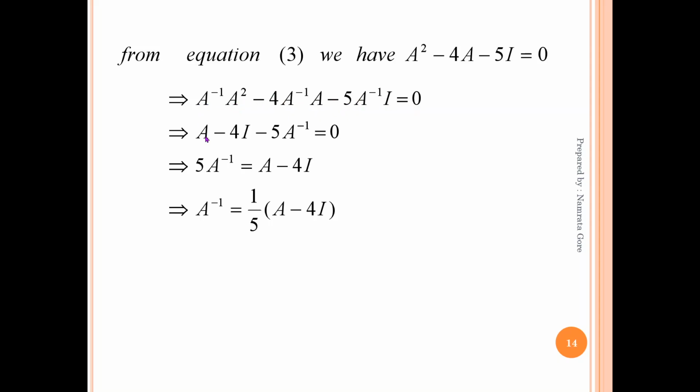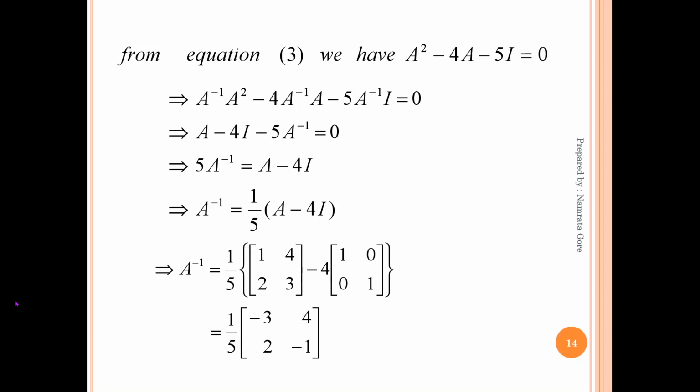So A square into A inverse is A into A inverse becomes I, and this remains A inverse. So keeping A inverse on one side and shifting the remaining terms to the right hand side, we can express A inverse as 1 by 5 times A minus 4I, and therefore substituting the matrix A and the matrix I, that is the identity matrix of order 2, we get this as A inverse.